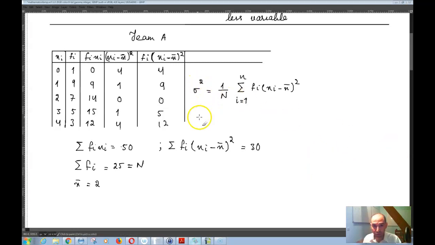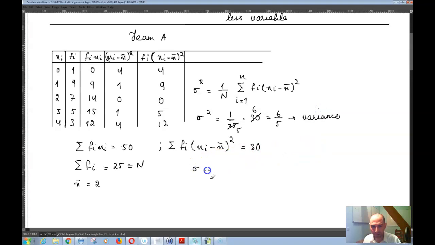And then your sigma squared would be 1 over n, which is 1 over 25, times sigma f of I times x of I minus x bar squared, which is equal to 30 divided by 25, which is 6/5. That is your variance.